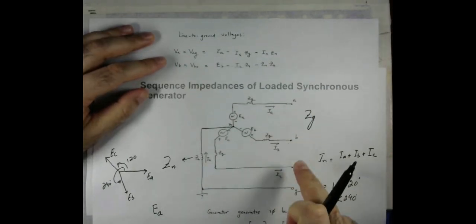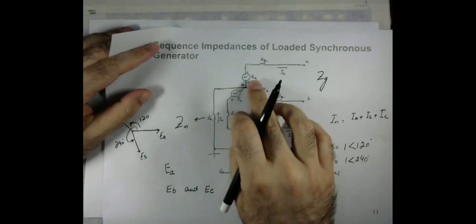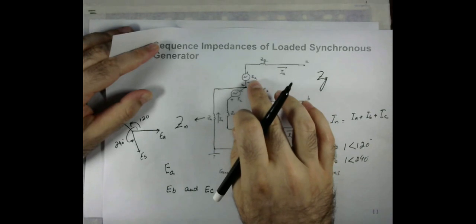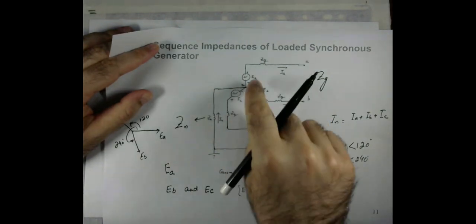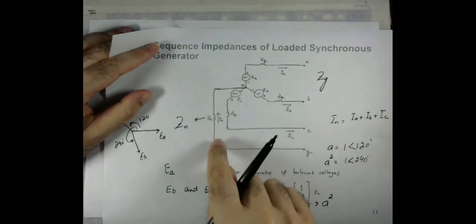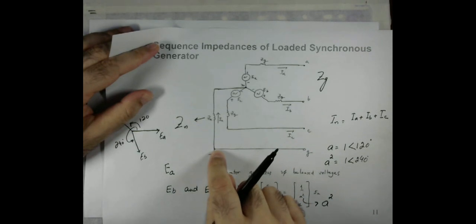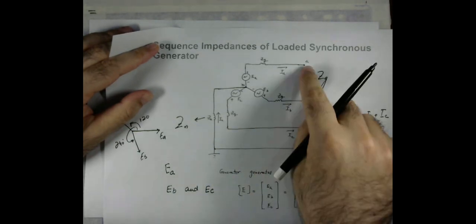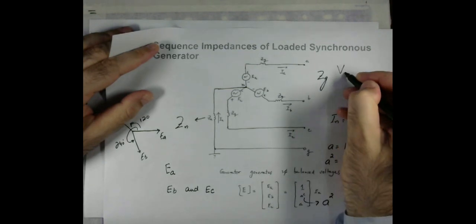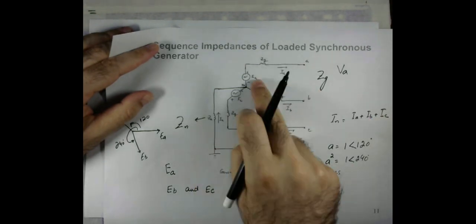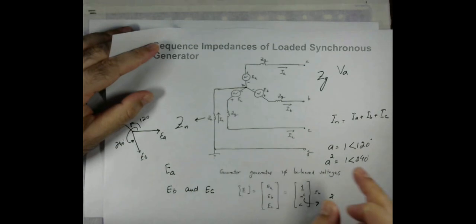So now VAG, VBG and VCG, which are the voltages from points A, B and C to the ground, can be written as EA, EB, EC, which are induced or generated voltages with respect to the ground. So VA is the voltage from point A to the ground, and EA is the voltage that is generated with respect to the ground.